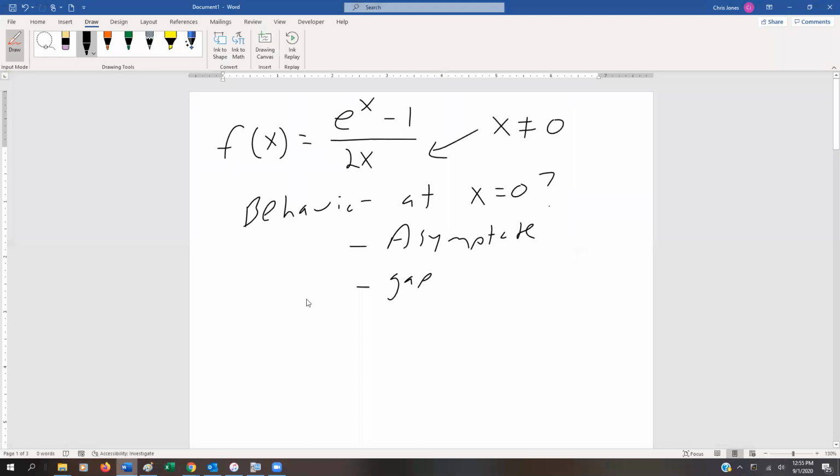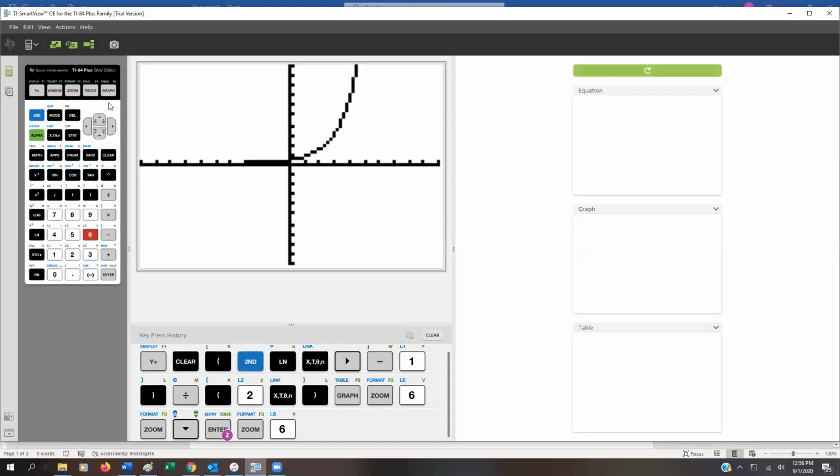So x cannot be equal to 0, since f at 0 does not exist. But if I was to trace the function, let's go back to the calculator. I'm going to zoom in again.